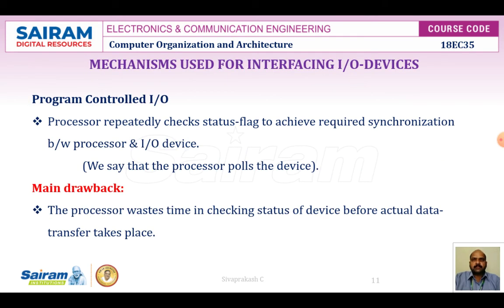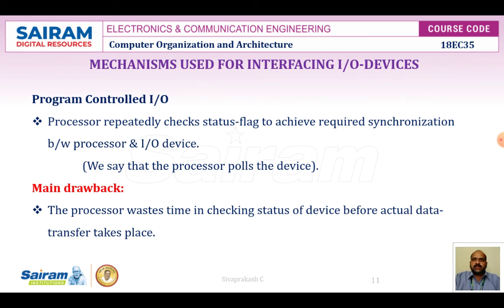First one, the mechanism which is used for interfacing IO devices: program controlled IO. A processor repeatedly checks a status flag to achieve the required synchronization between the processor and IO devices. We can say that the processor polls the device. That's nothing but the indication to the processor that the data is ready to be processed, so the ready signal will be given over there.